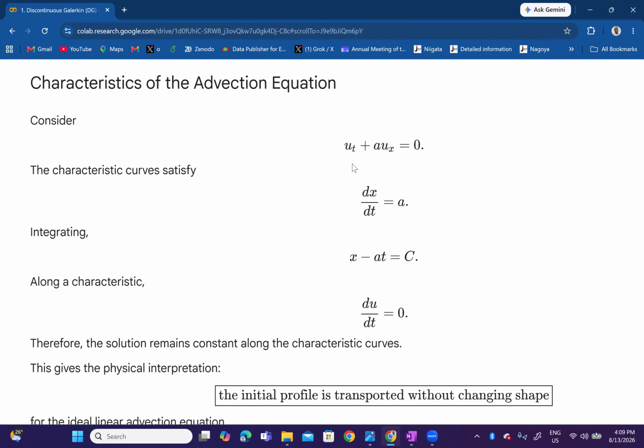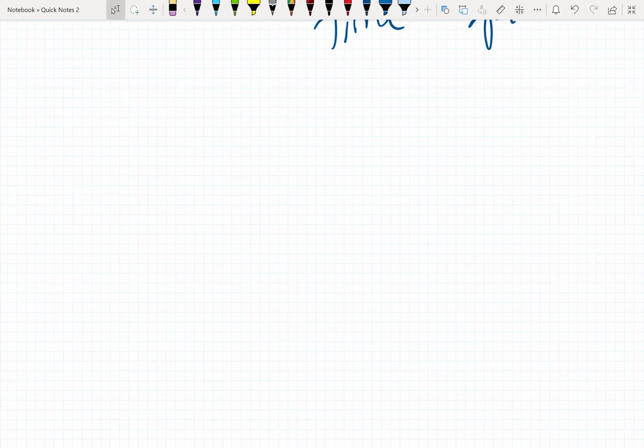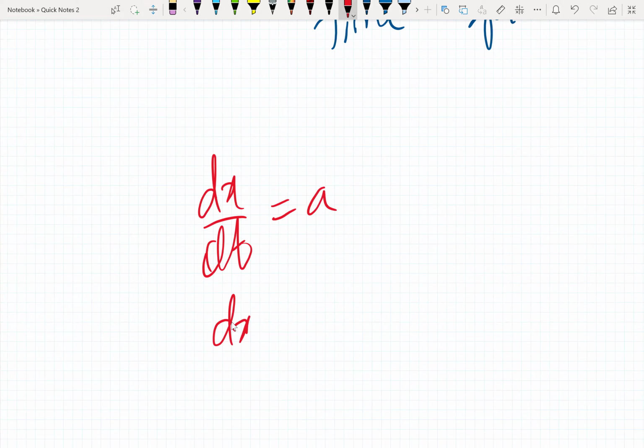Considering u sub t plus a u sub x equals 0, the characteristic curve satisfies dx/dt equals a, and that's why we're able to get the result we got the other time. So dx/dt equals a, which means dx equals a dt.